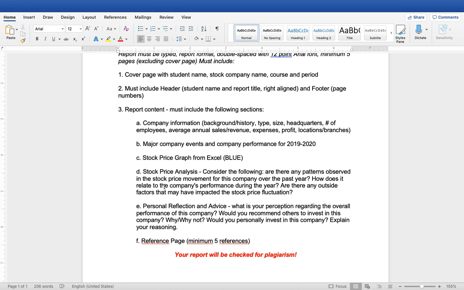How does it relate to its performance during that time frame? Are there any outside factors that may have impacted the stock price fluctuation? Any external event that has nothing to do with the company but had an impact, maybe a war, maybe some tragedy, maybe a natural disaster, maybe coronavirus.